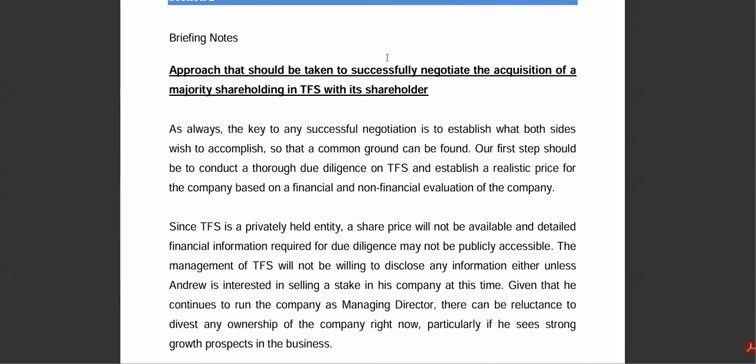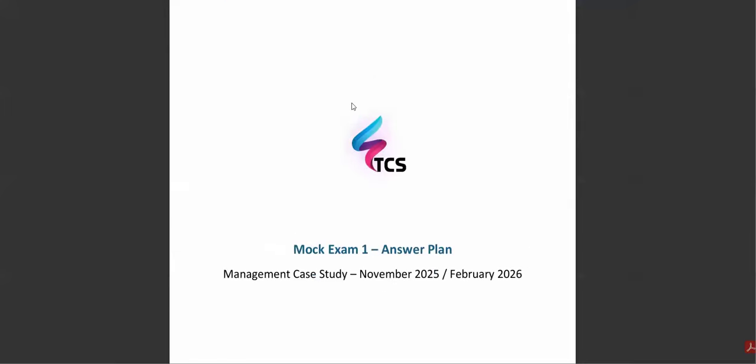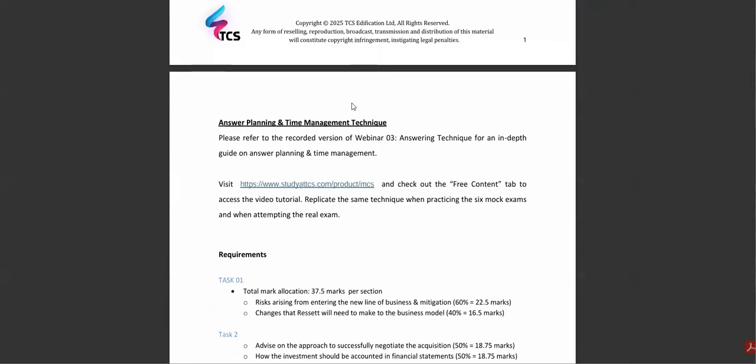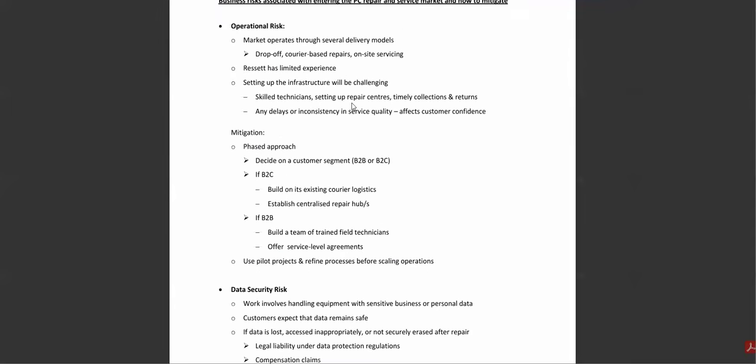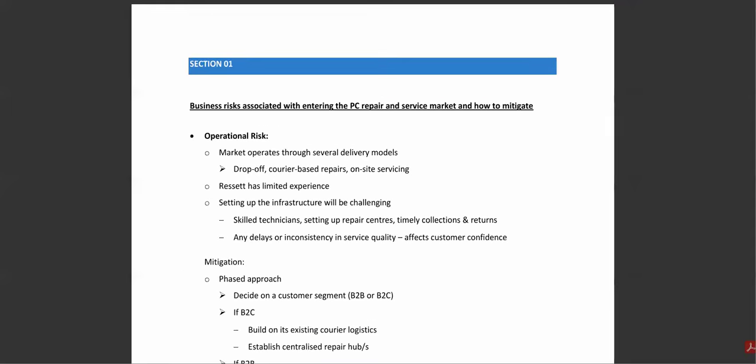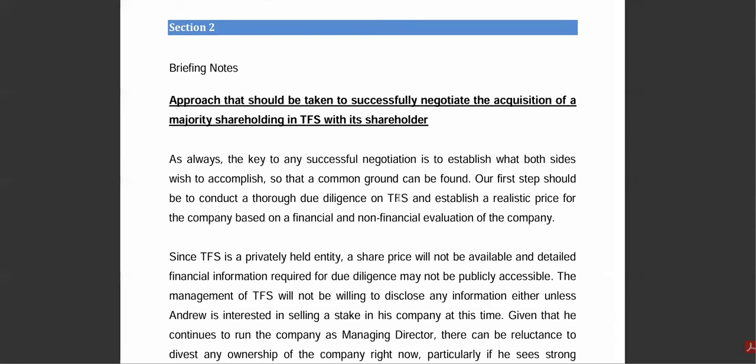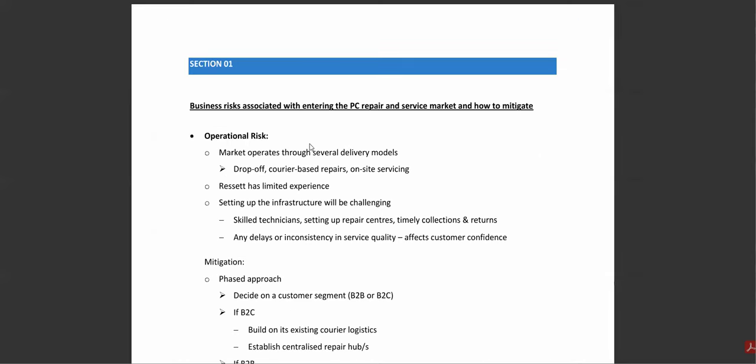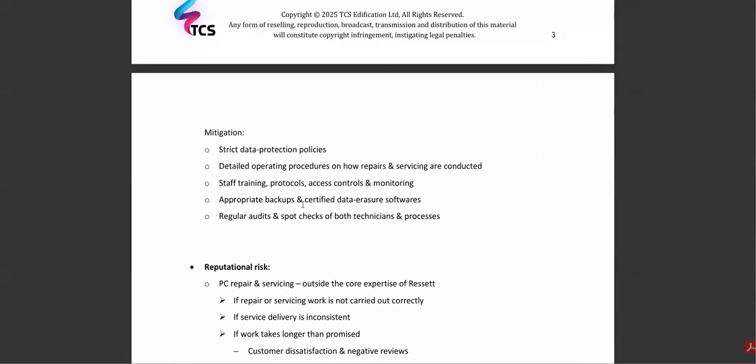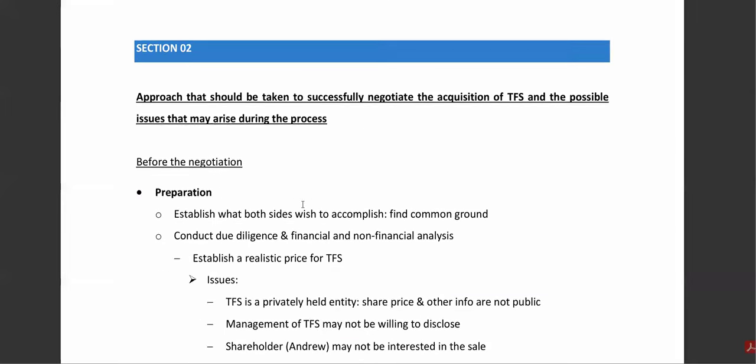Thereafter, refer to the answer summaries or answer plans. So in the answer plans, we provide you with a summary of the key points in the suggested answers. So especially when it comes to an F2 related task, it will help you understand what would be the technical points that you are expected to cover within the answer.